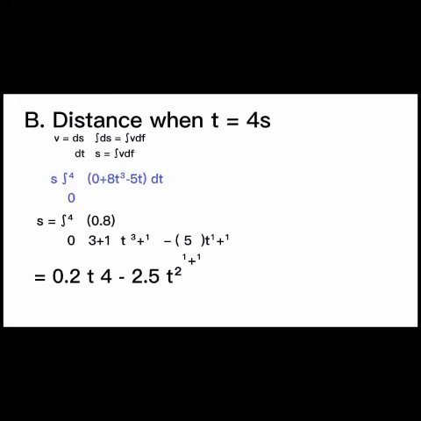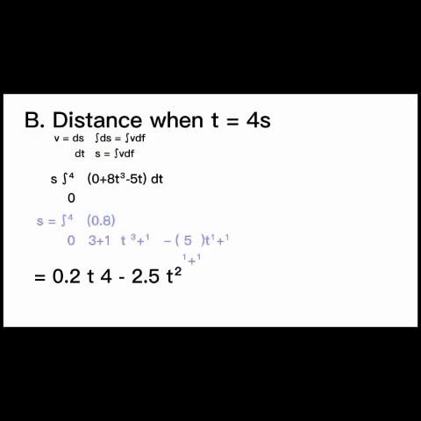So 0.8 over our exponent 3 plus 1, then multiply by t to the 3 plus 1, then minus 5 over the exponent of our 5t, which is 1, then plus 1, multiplied by t to the 1 plus 1.